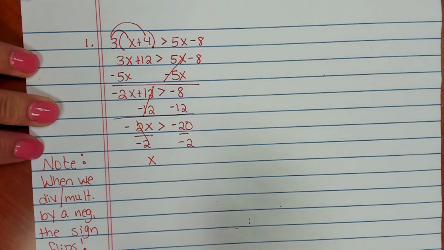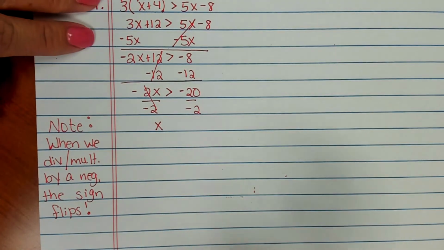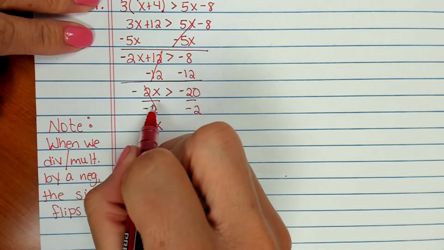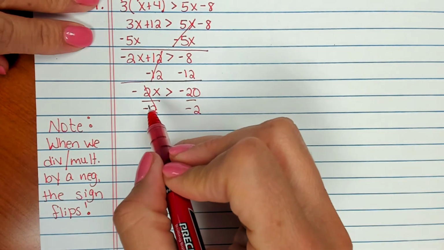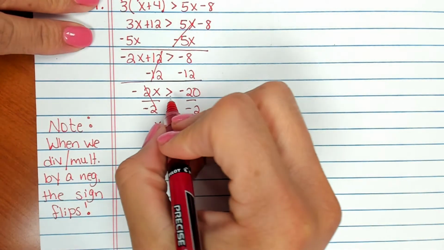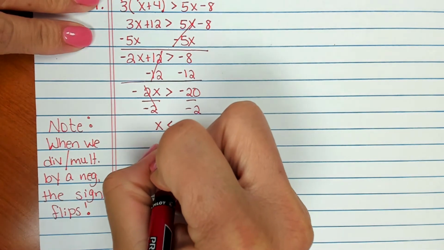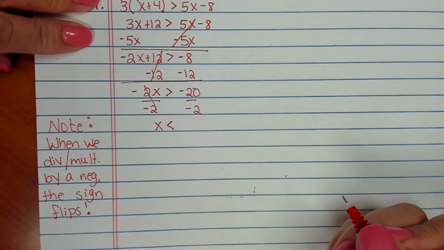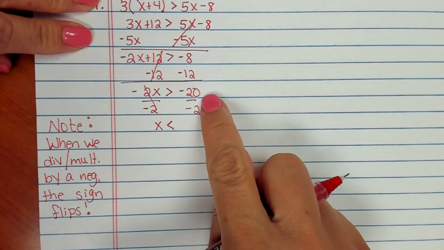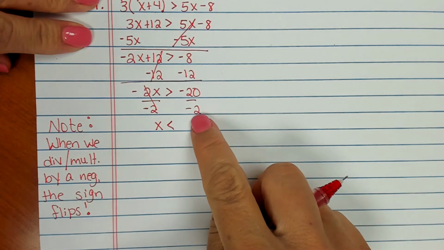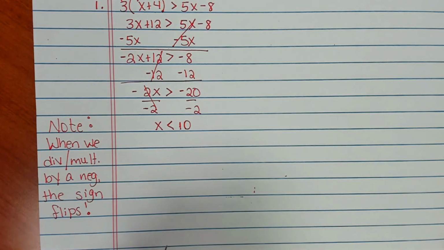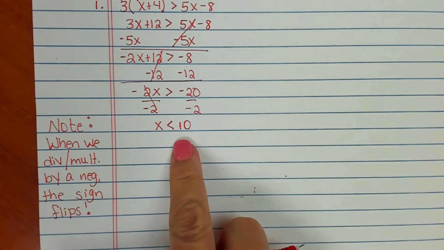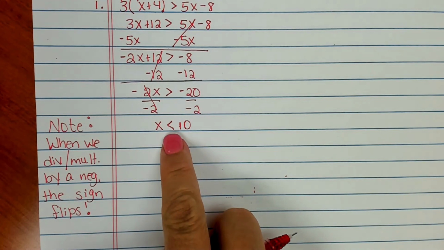Okay, so what does that mean? What that means is when you divide or multiply by a negative number, which is what I did, I divided by negative 2, the sign of the inequality is going to change. So a negative 20 divided by negative 2 gives me a positive 10. So this is telling me that all numbers less than 10 are part of my solution set.